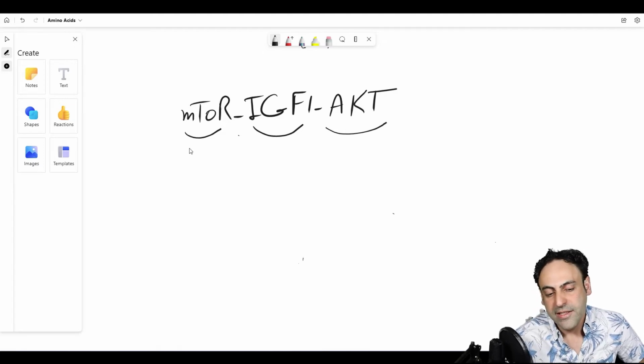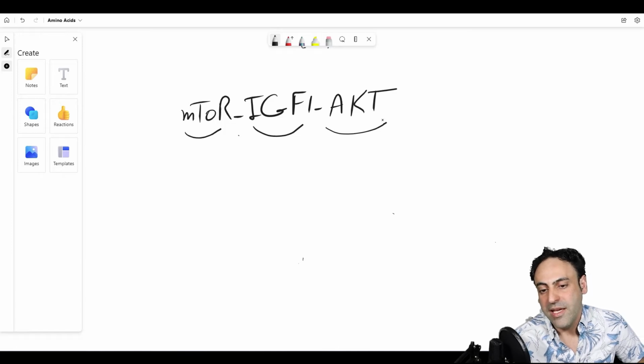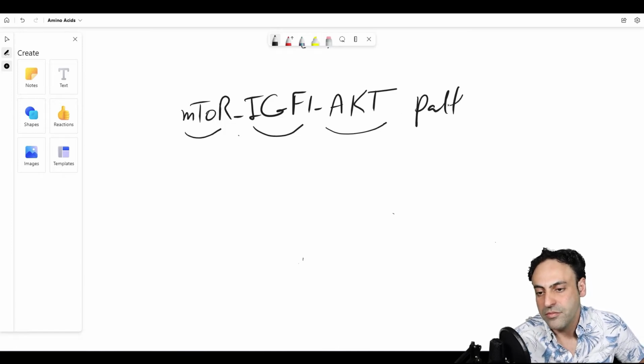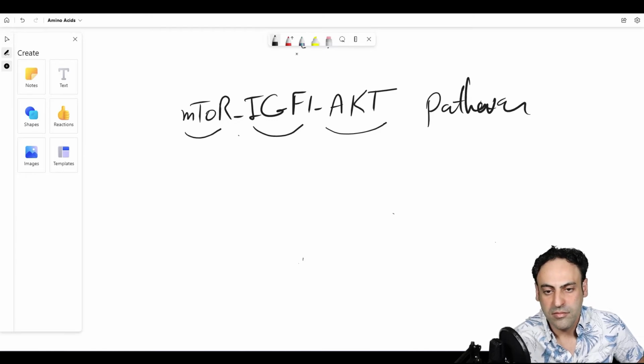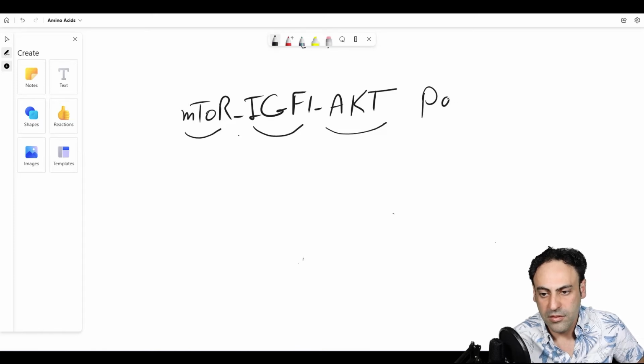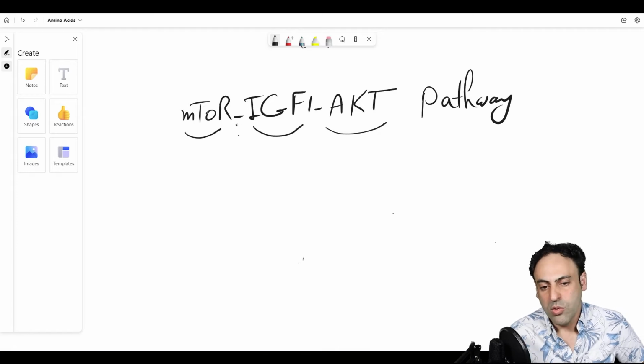So they realized the mTOR, IGF-1, AKT pathway.